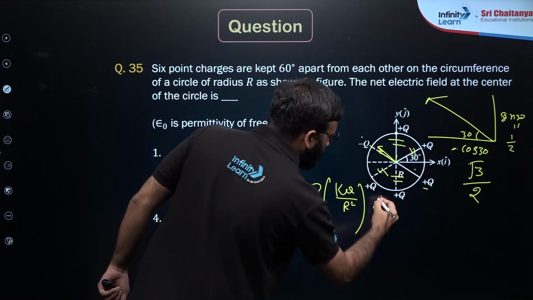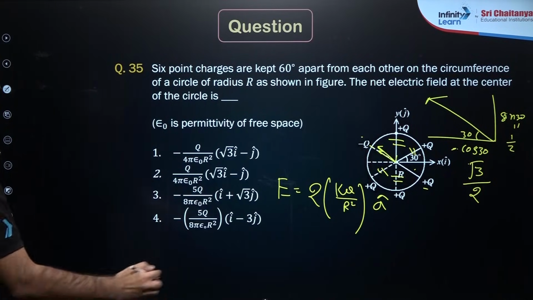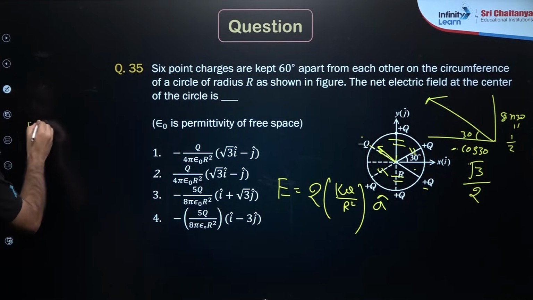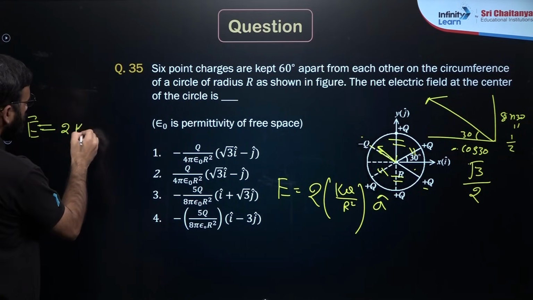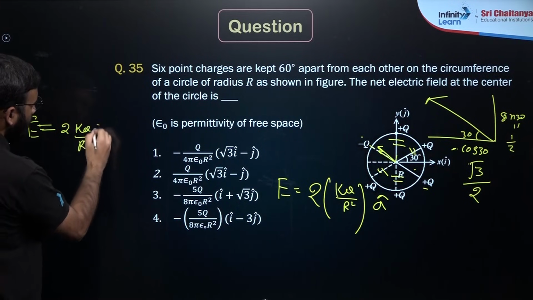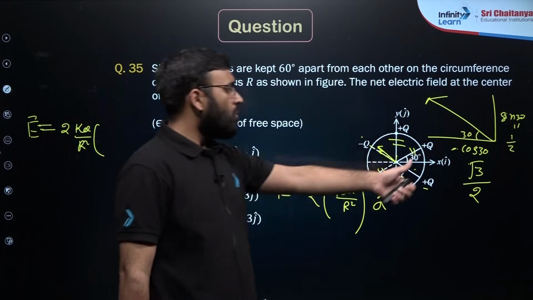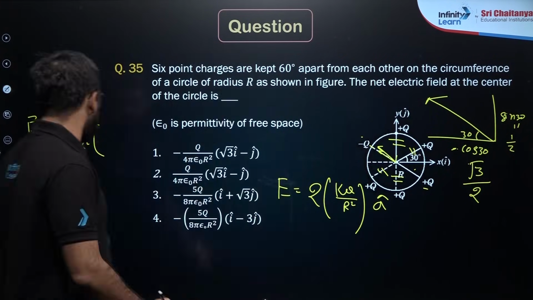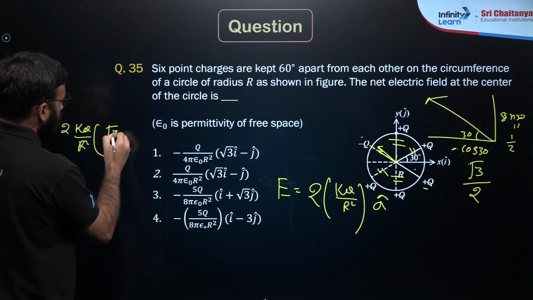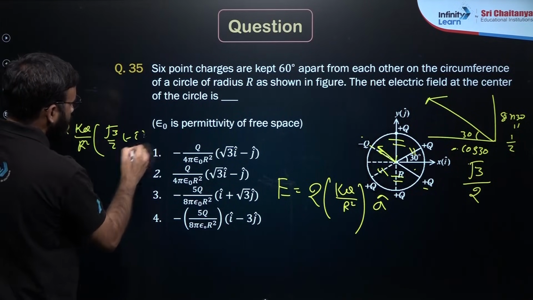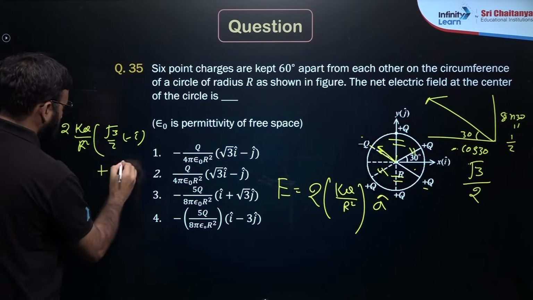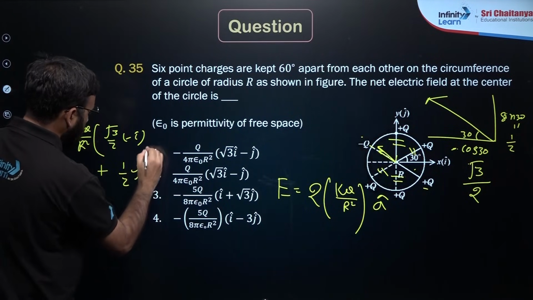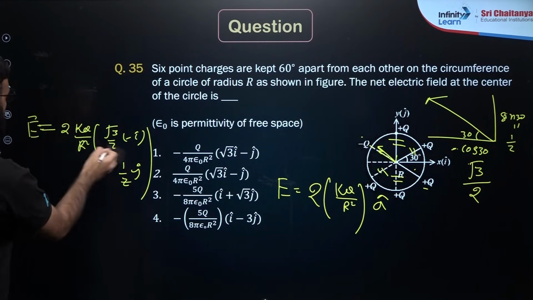So just take the components in i cap. Initially I will consider this direction as i cap, so I am putting the values. E vector equals 2 into kq upon r square into cos theta, which is minus i cap, so root 3 by 2 minus i cap plus 1 by 2 j cap. You can see easily here the 2 cancels out.